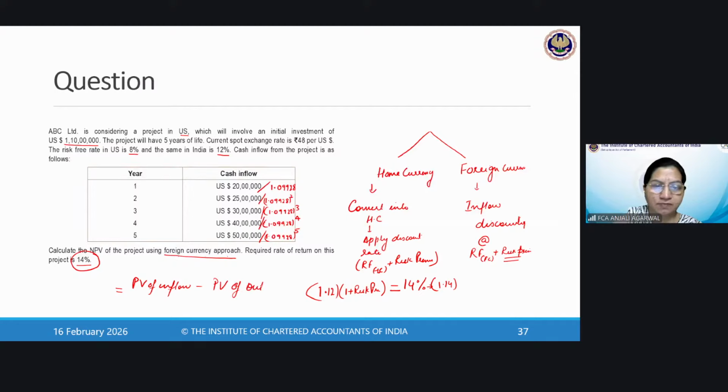If you get something positive, the project is worth accepting. If it is negative, the project is not worth accepting, or we can say it is not meeting our requirement of 14% per annum return. Negative NPV means the project will give you less than 14%. Positive NPV means the project is giving you something more than 14%. At exactly 0, it is giving you exactly 14%.